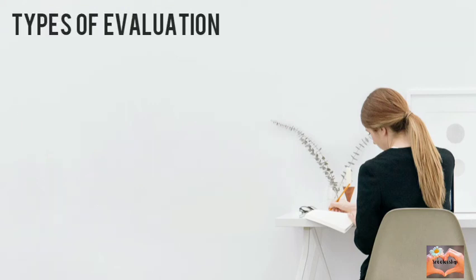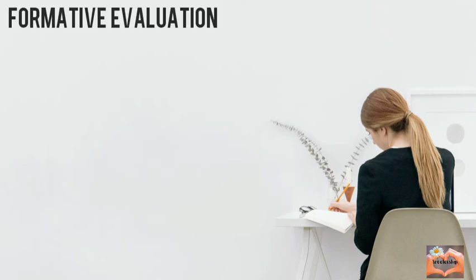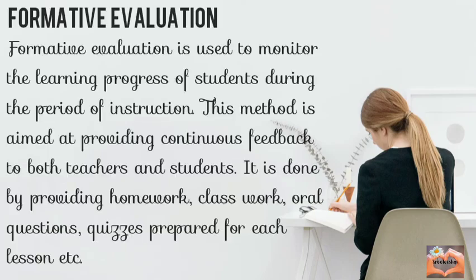Now we are moving on to different types of evaluation. Formative evaluation, summative evaluation, external evaluation, and internal evaluation. Let's see each of these one by one. So first one is formative evaluation.